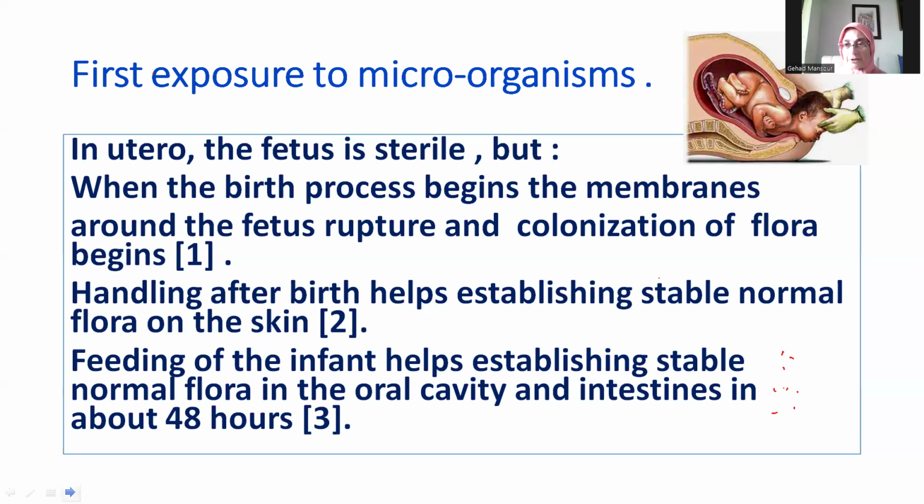So first from the vaginal wall, second from the environment, and third from handling. Of course, handling by the medical doctors is not usually a source of bacteria because they wear sterile gloves, but handling by the parents and the members of the family is. These are the three ways to provide skin flora to the newborn.